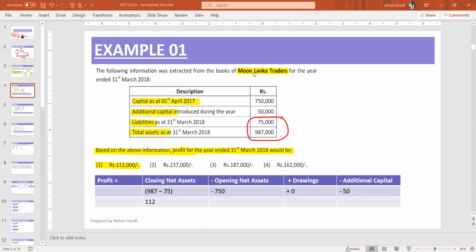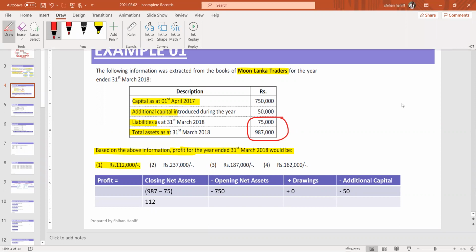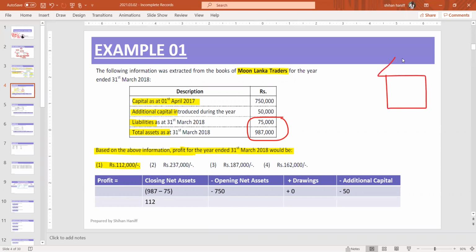Calculate the profit. Now let's say there is a business. So in this business, they have not maintained a proper set of books. No accounts are maintained. Right? You are the accountant.